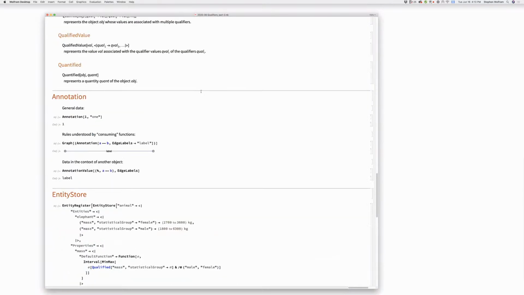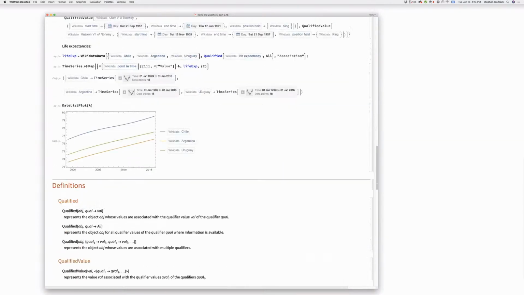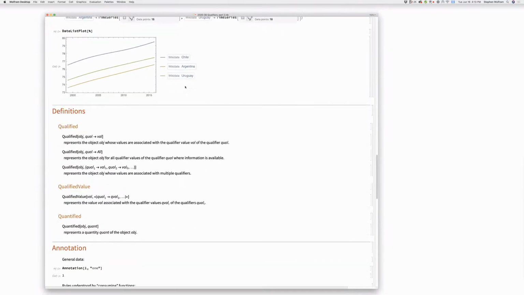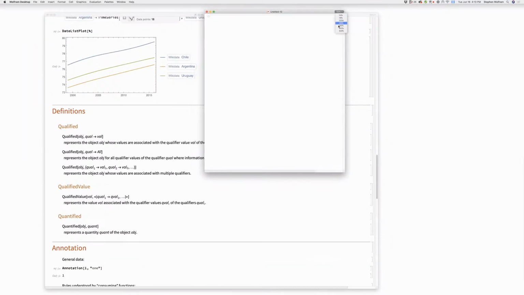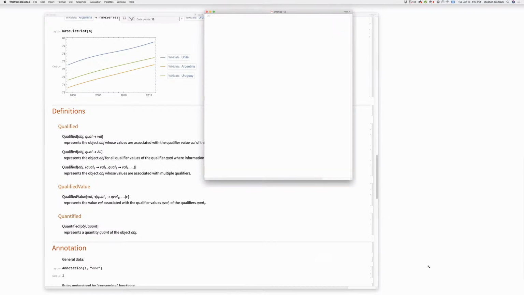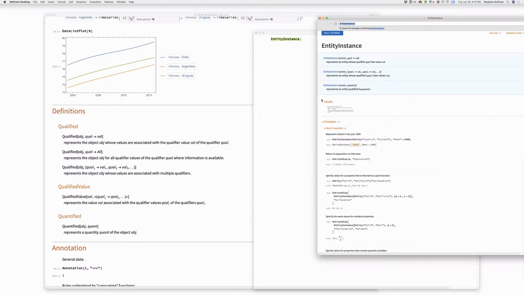Okay, but let's look back up here at the summary. Let's remember what we have right now. We have entity instance, right? That's the nearest one, yeah. And entity instance can take as a second argument a variety of qualifiers.